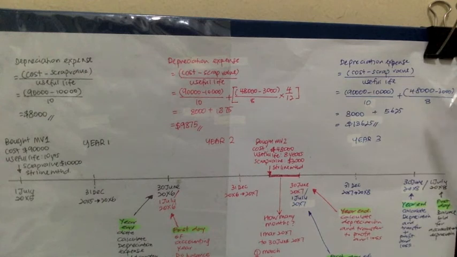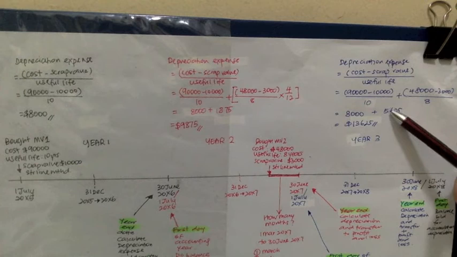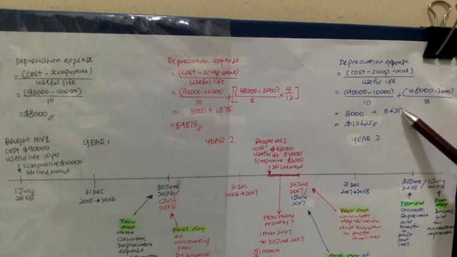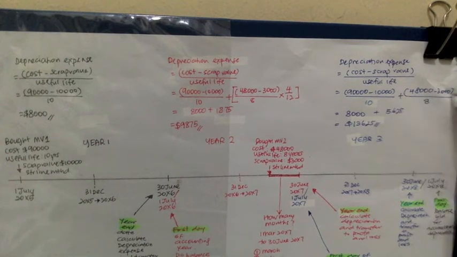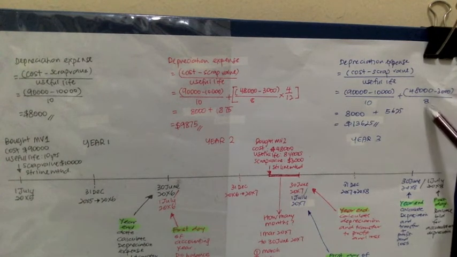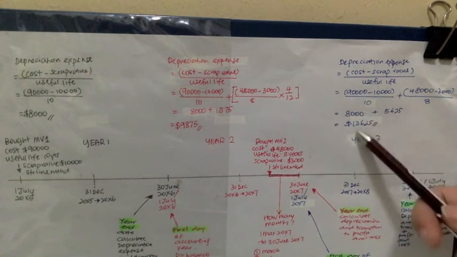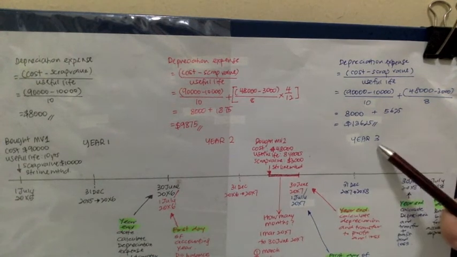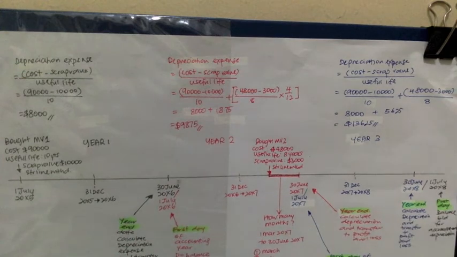We don't have to prorate it because it's for the whole year, so you get 5,625: the cost being 48,000, the scrap value being 3,000, divided by the useful life of 8 years. If you add them up, the total depreciation for year 3 is $13,625.